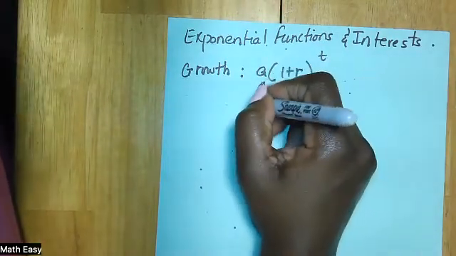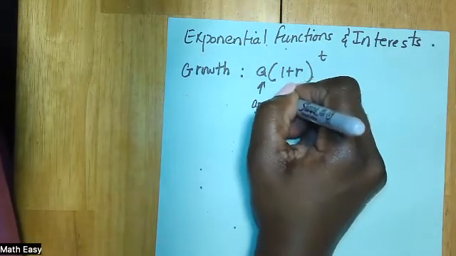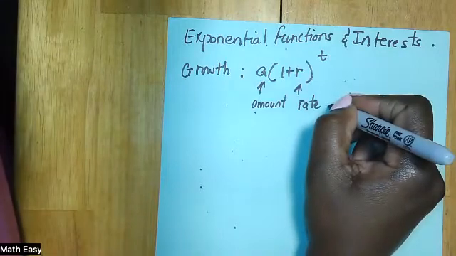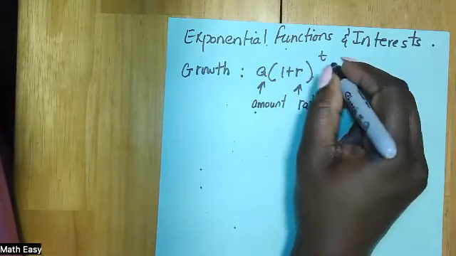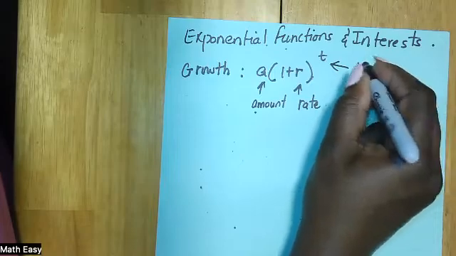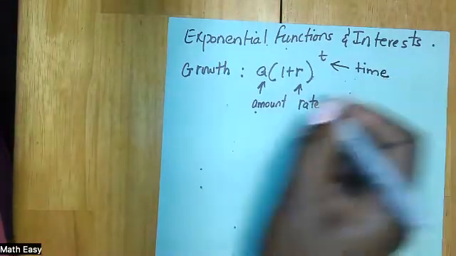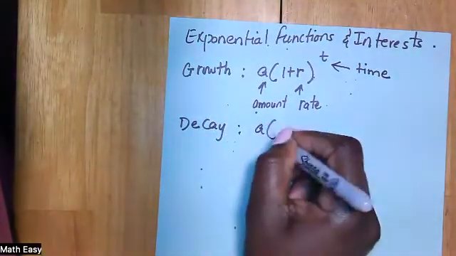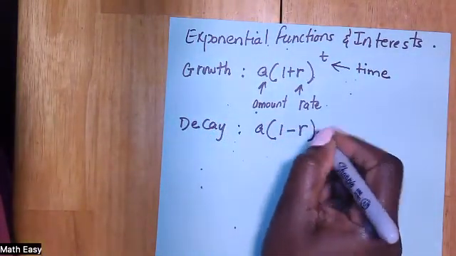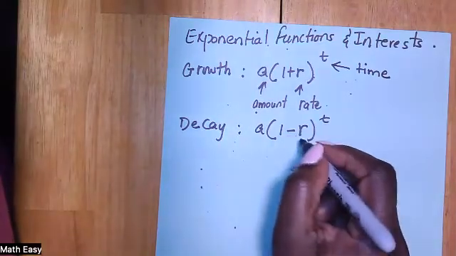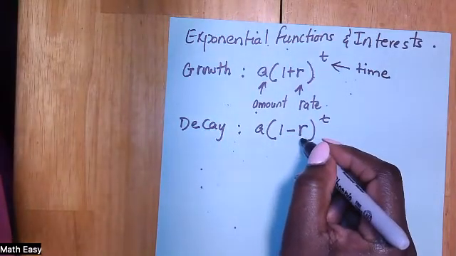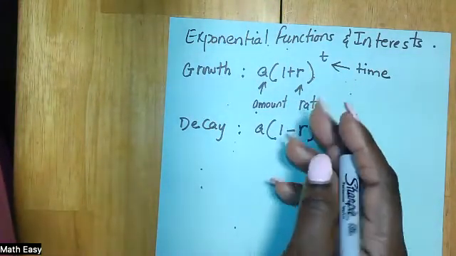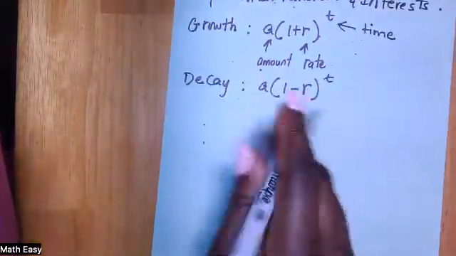A is our original amount, r is your rate as a decimal, and t is your time. We can also have a decay, and this is A times (1 subtract r) to the power of t. Again, r is your rate, t is your time, A is your amount. A decay is when you decrease, growth is when you increase.